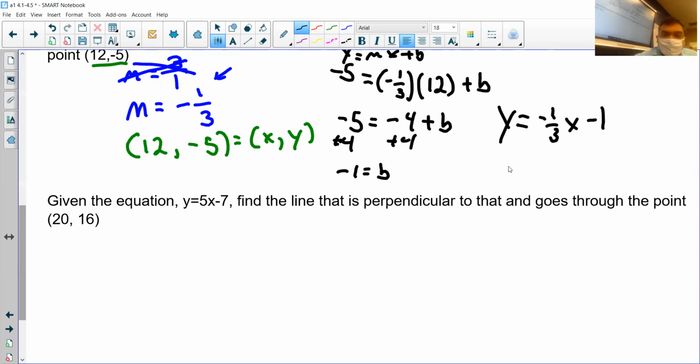Oh, I forgot that. Did I get it right? Yeah. Shane, good job. Oh, no. Negative 1/5 times 20 should be not 4, but negative 4. So then you would add 4 to both sides.